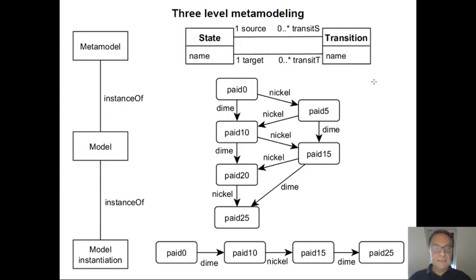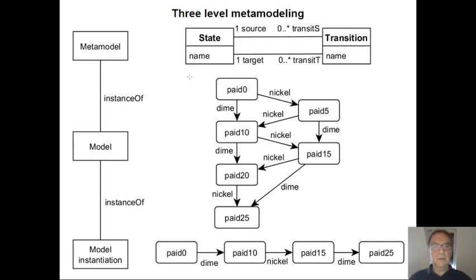On the next level, we have the meta model. The aim of the meta model is to have, in quotes, something, so that when we instantiate the meta model, we can obtain this model here.